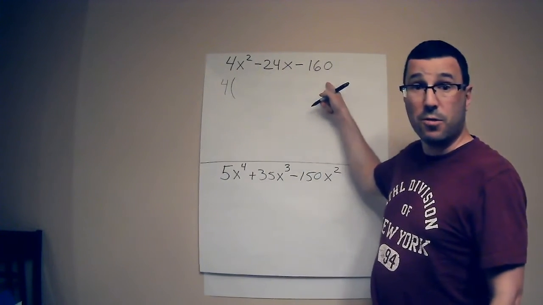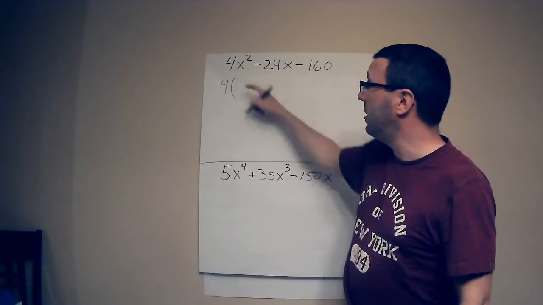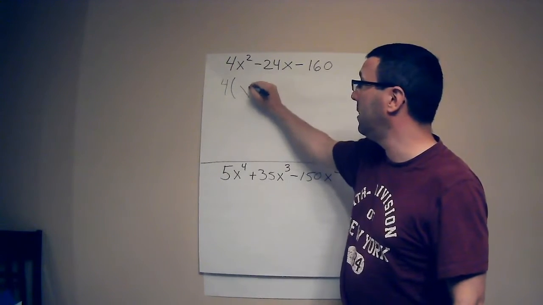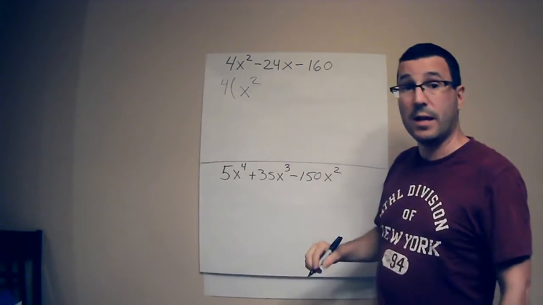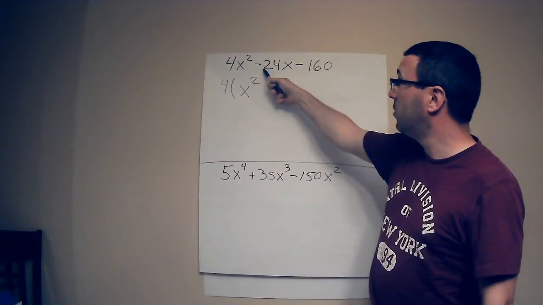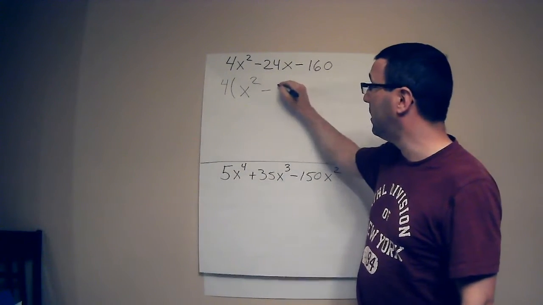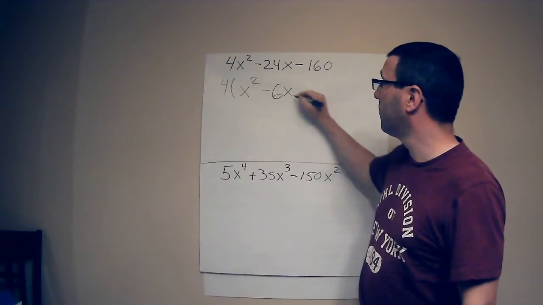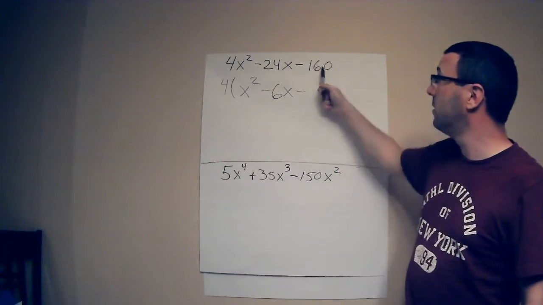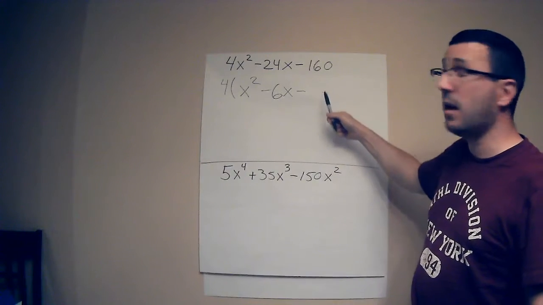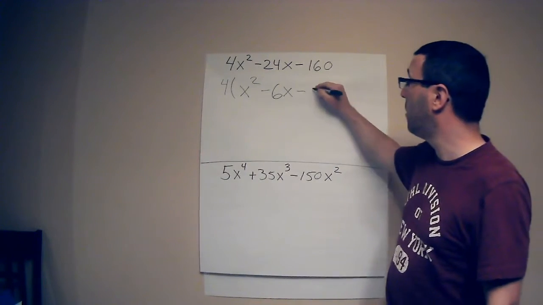And now I'm just going to start dividing by 4. The 4 cancels out completely. I have an x squared. Minus 24 divided by 4 is 6. Minus 160 divided by 4 is 40.